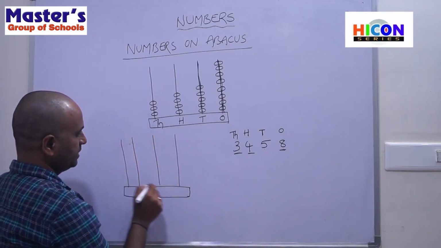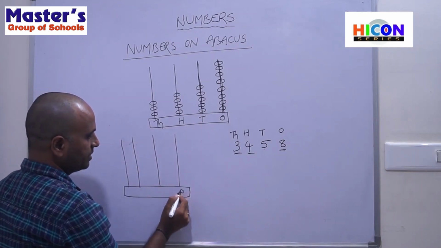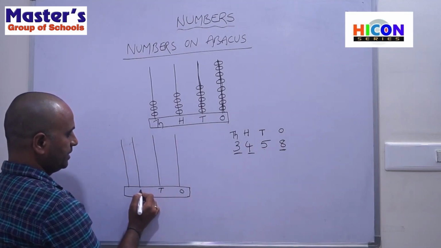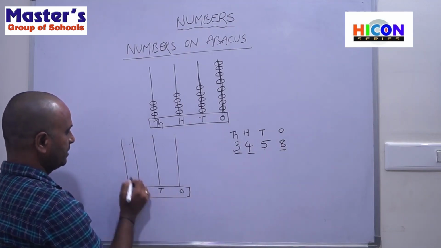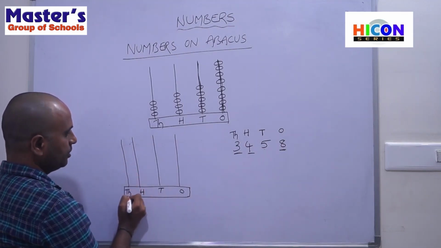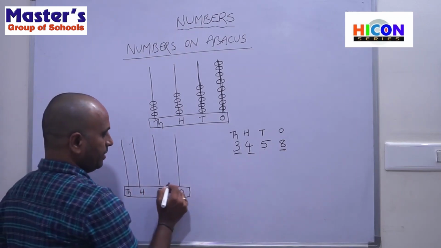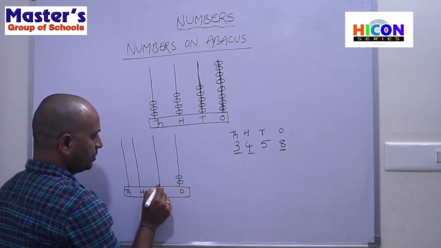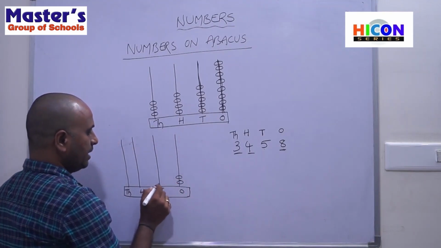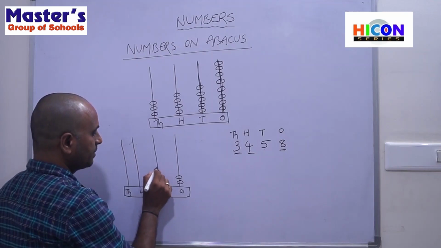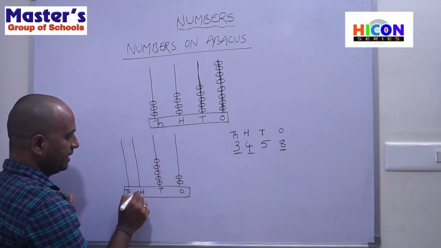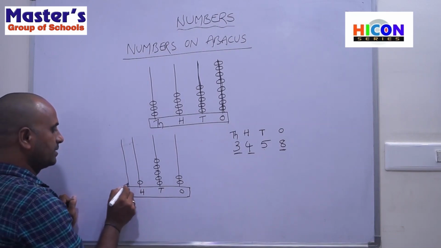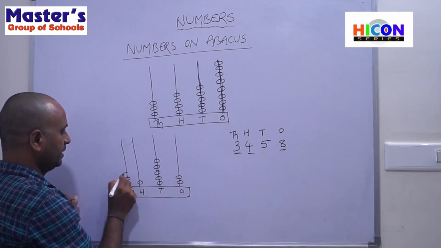The first stick is ones place, second stick is tens place, third stick represents hundreds place, fourth stick represents thousands place. And ones place stick has 2 beads, and tens place stick has 5 beads, and hundreds place stick contains 1 bead, and thousands place stick contains 3 beads.